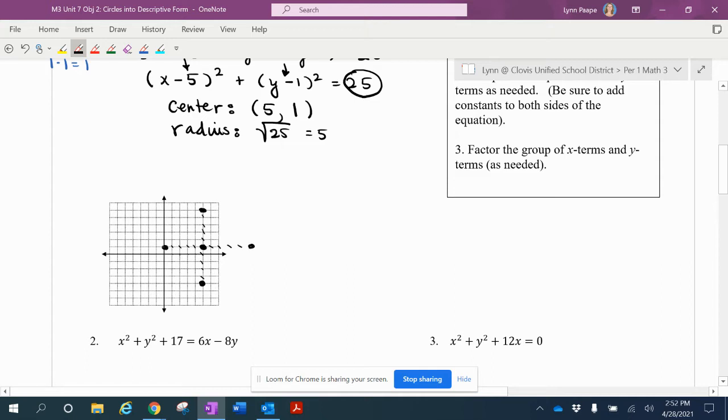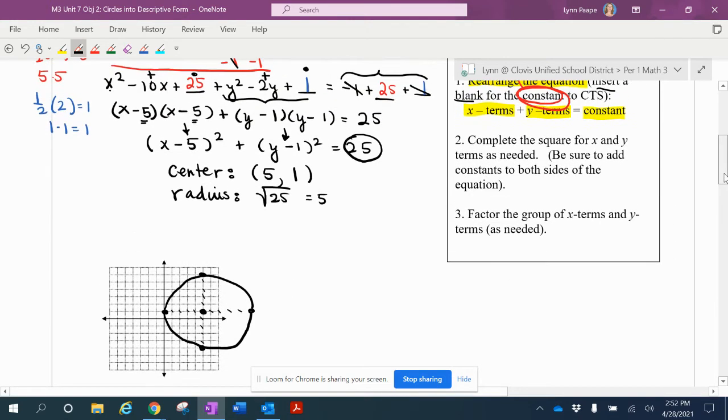So I'm going to be a little off my paper, and then as best as I possibly can, I'm going to make it look circular, at least. Even if it doesn't look like a circle, it will look circular. Okay, so let's go ahead and do the next one.